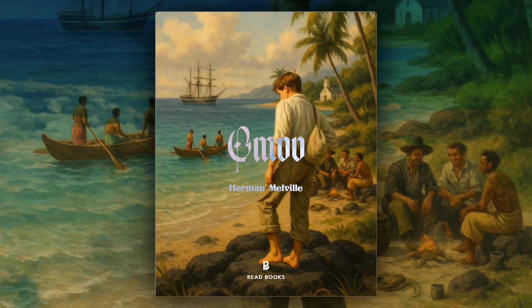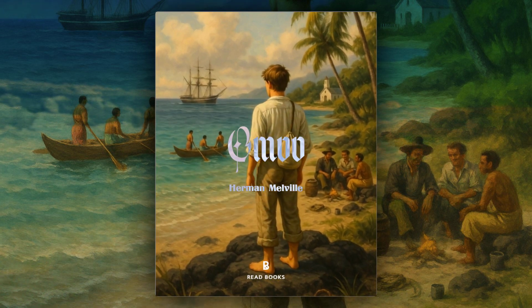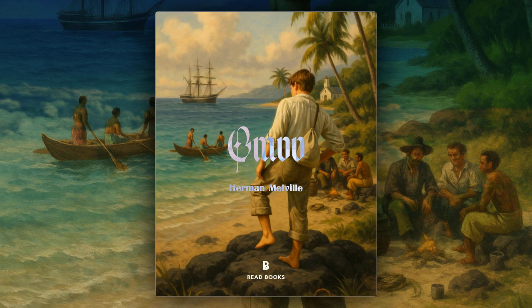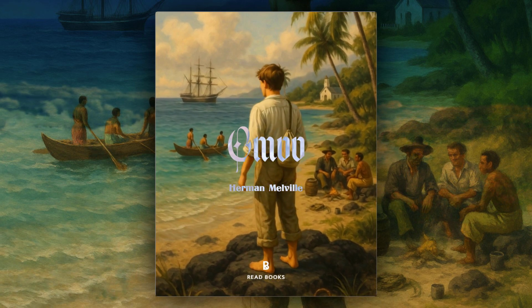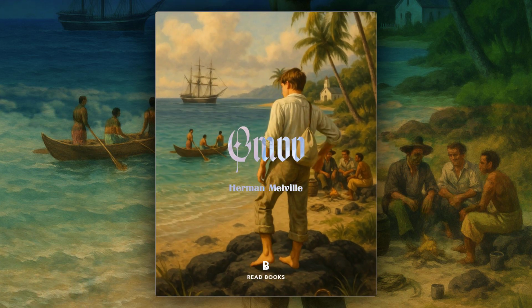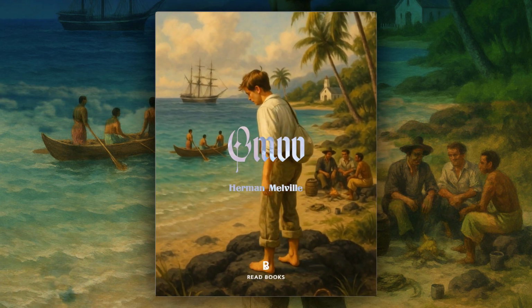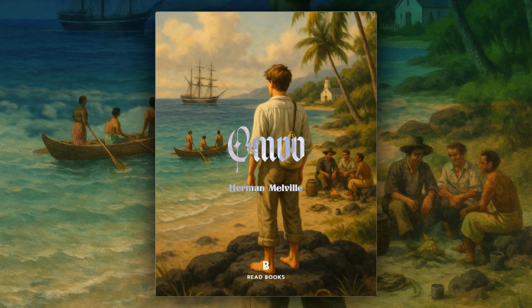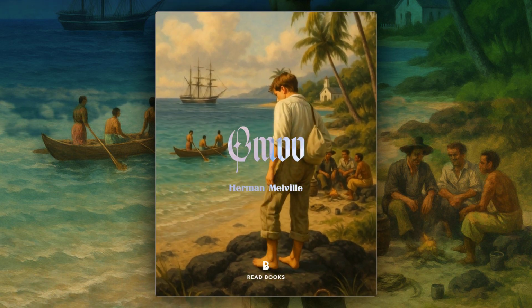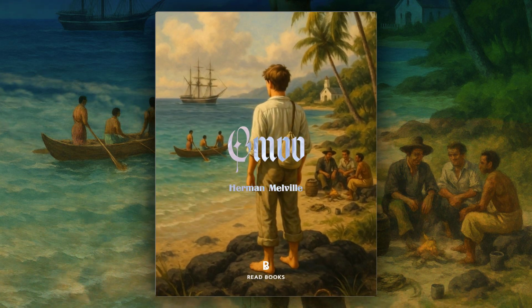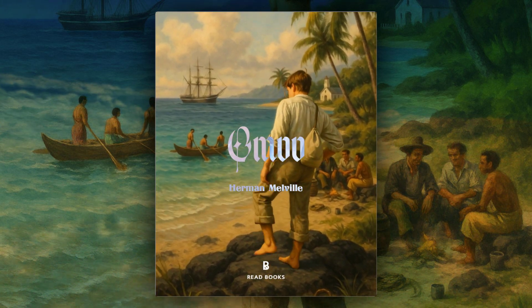The contrast between the carefree life of the islanders and the harsh realities of life on a whaling ship brings to the fore Melville's commentary on civilization's encroachment into untouched worlds. Tommo eventually joins a group referred to as the Omoo, which translates to renegade.